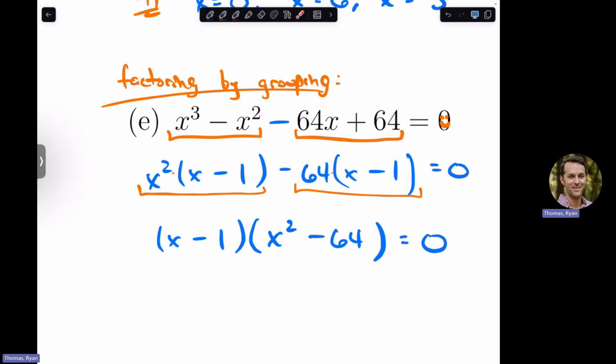X times x squared would be x cubed. X times negative 64 would be minus 64x. So I've done the first and the outer parts of the product. The inner part of the product is minus 1x squared. And then the last part will be plus 64, and that's what we started with. They're in different order, but we can move that around.